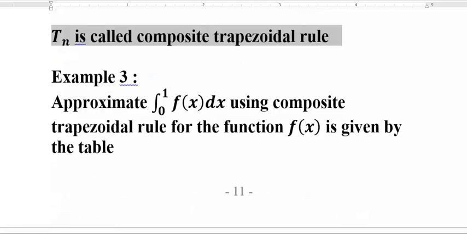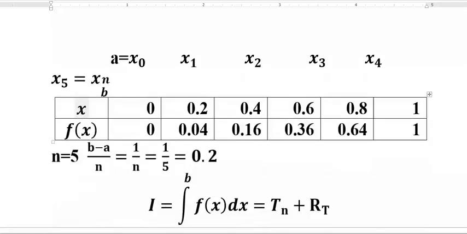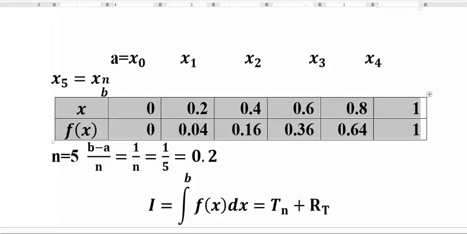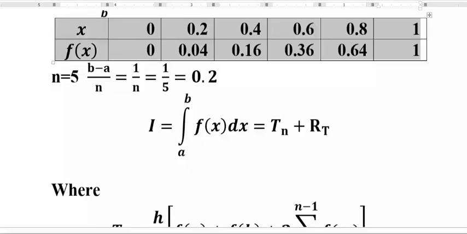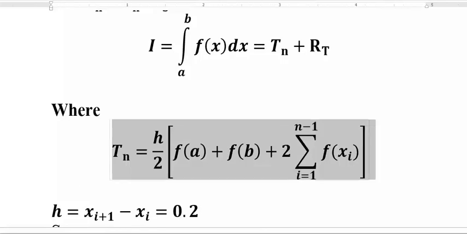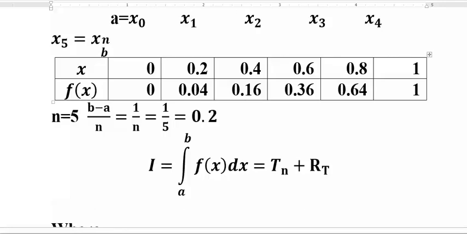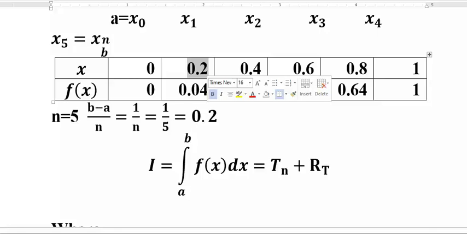Let's take an example. Here is a table of a function evaluated at points, and we need its integration from 0 to 1. Here is the rule: h equals xi plus 1 minus xi. Here is x1, and here is x0.